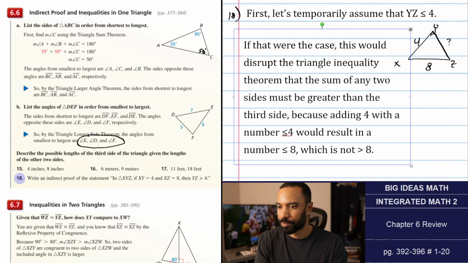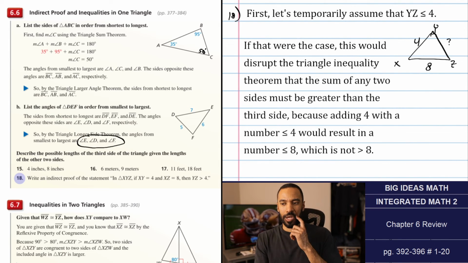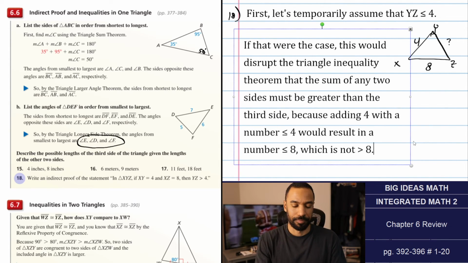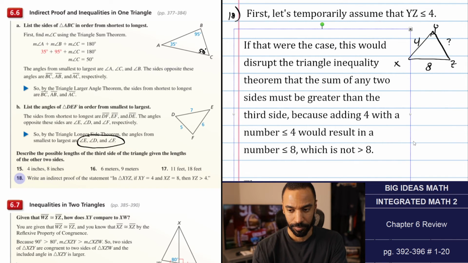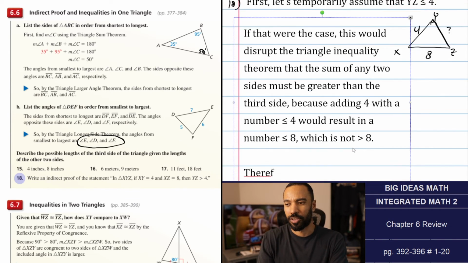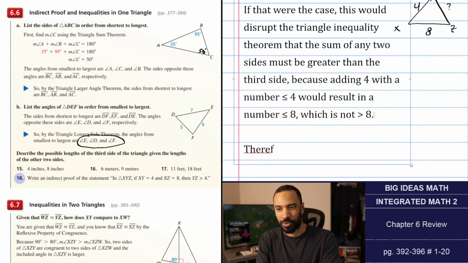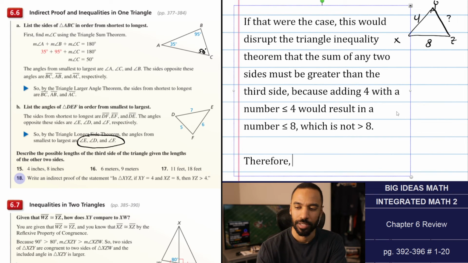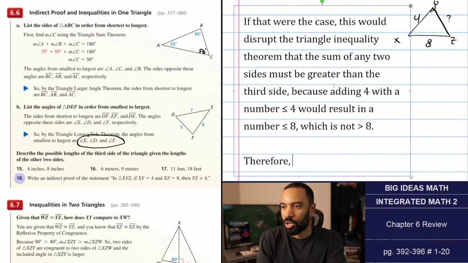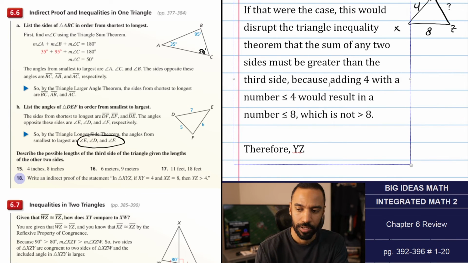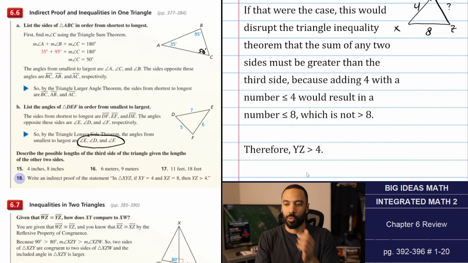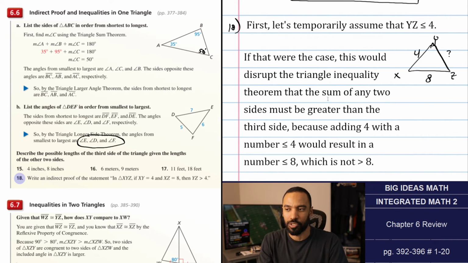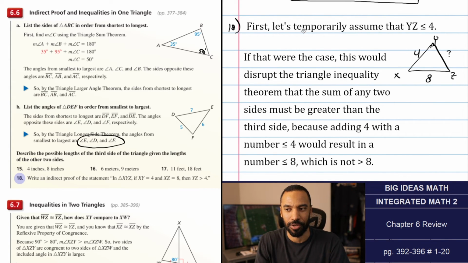Therefore, I think I can finish there. YZ has to be greater than 4 because it can't be less than or equal to 4.